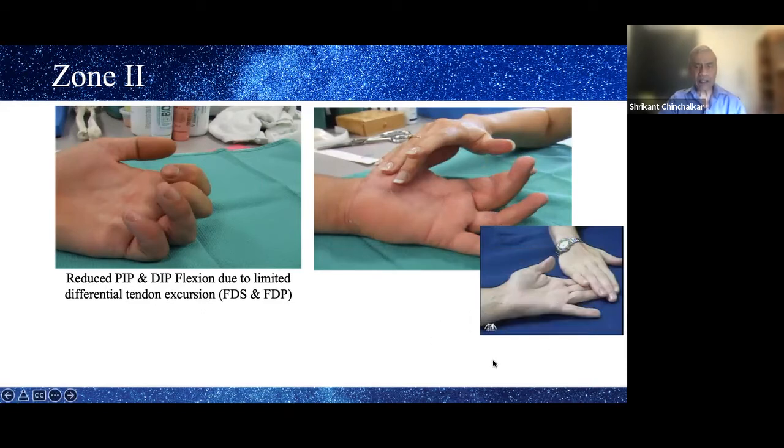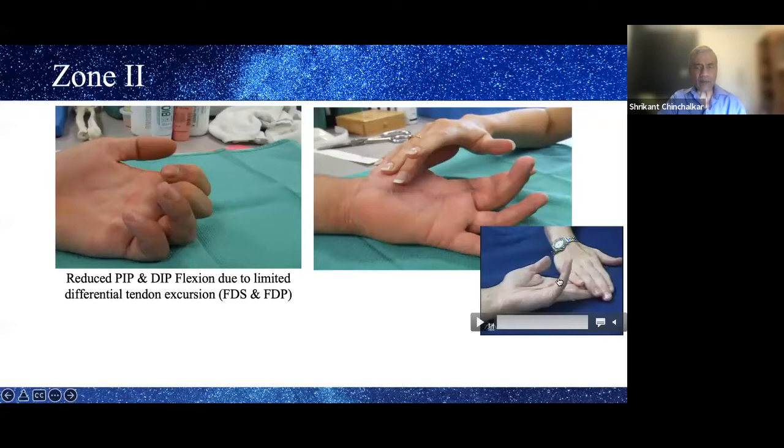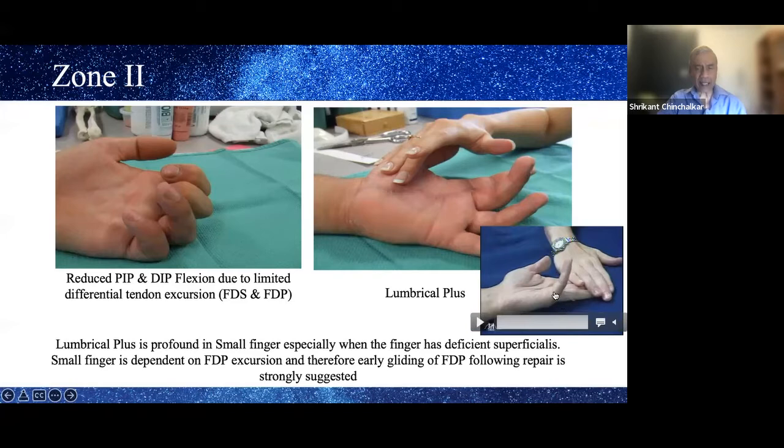So this is a person having deficient superficialis. And in this situation, you can imagine that the small finger relies on profundus for complete flexion. So if the profundus is stuck at the site where it is repaired, then patients are likely to have the lumbrical plus phenomenon.